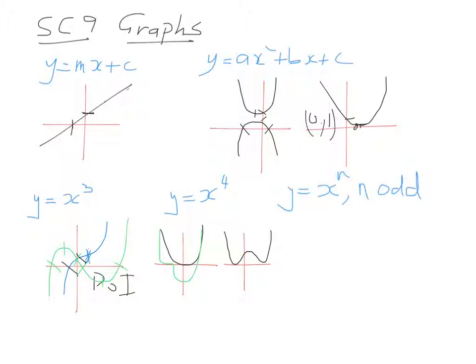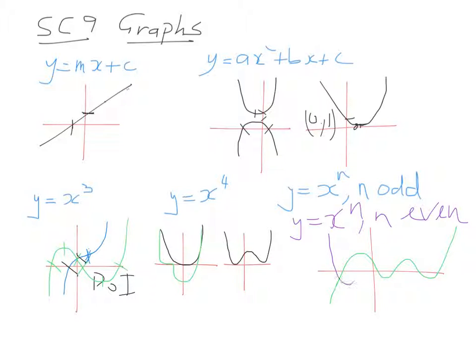So anything like that. If we've got n being odd, so it's 5, 7, 11, 13, whatever, it always has this general shape where it starts off in one direction and then goes off to the other. If we had, I'll draw it on the same set of axes, except I'll use purple, y equals x to the power of n, and n was even, then it would do the opposite thing, where it would go down and back up.